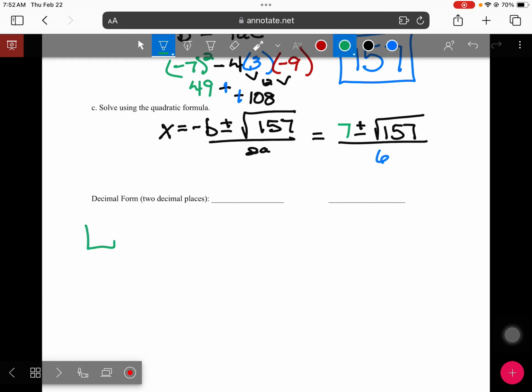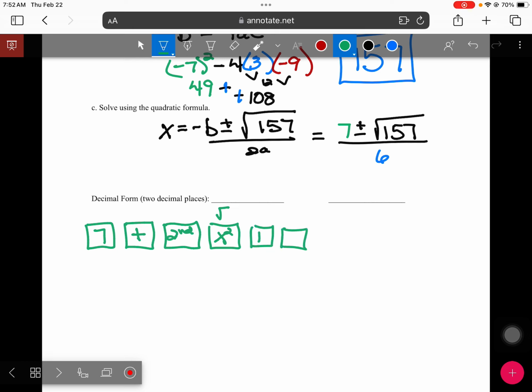So this would be 7 plus, then you would hit second and the x squared button, because that is the square root above it. Then you would hit 157.